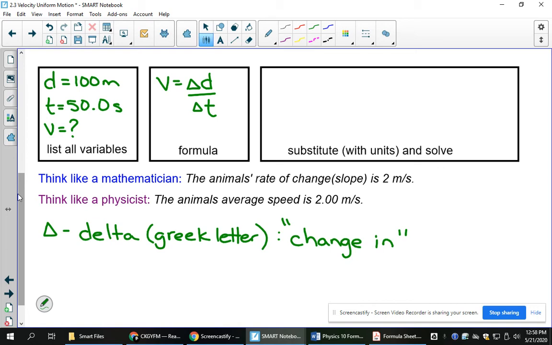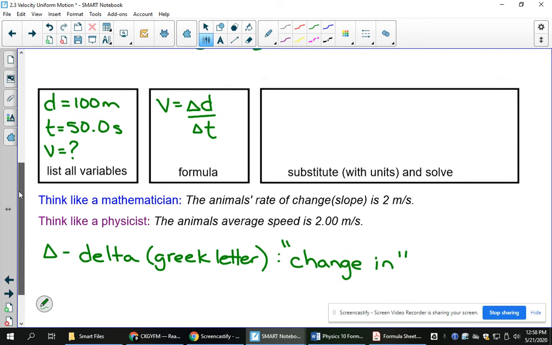In that case, we wouldn't be going 20 meters. We only would have gone 10 meters. So it's just a little bit different, and we'll get to questions in the next lesson that take into account that. But really what you might have seen in Science 9 is V equals D over T. For this question, it's the same thing.